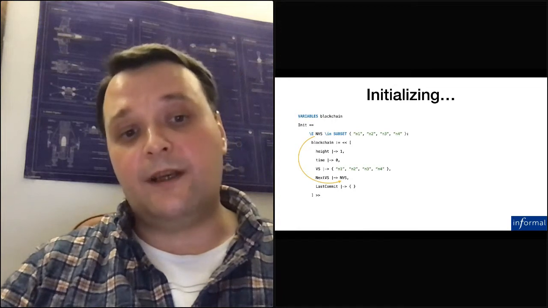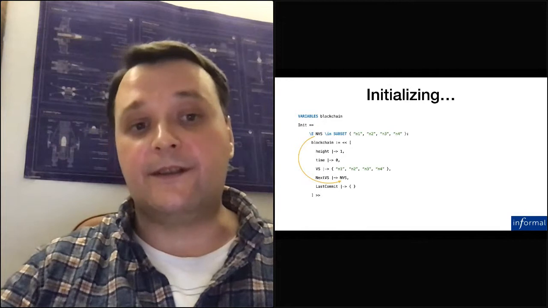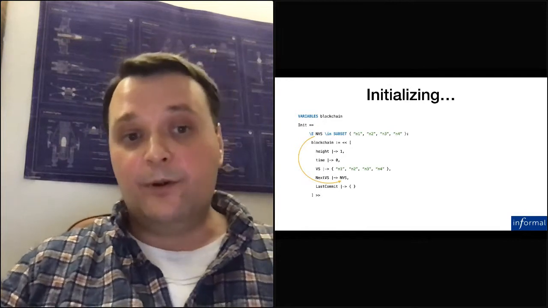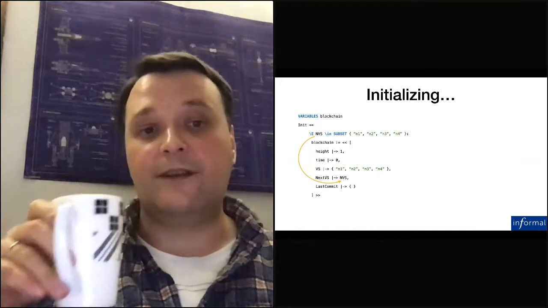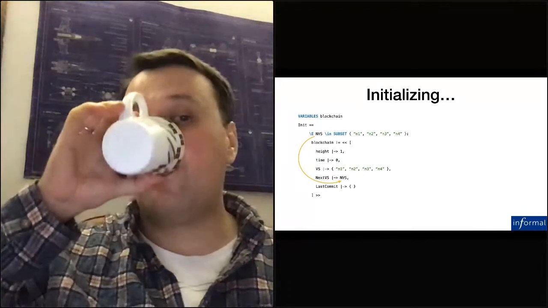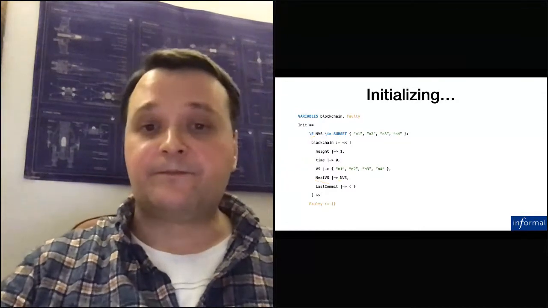And this is what I put into the next VS field in this record. What's important here is that I don't want to fix a specific decision of how you choose the next validator set. It depends on the application. That's why I just say pick some.